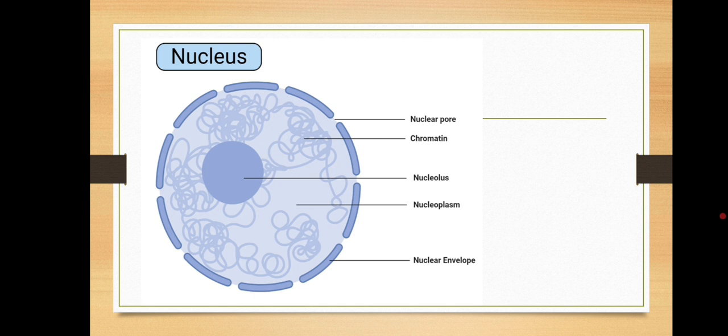RNA is produced by DNA through a process called transcription, and this RNA is present inside the nucleolus as well as in the nucleoplasm. Ribosomal RNA is present inside the nucleolus, whereas transfer RNA, tRNA, and messenger RNA, mRNA, are present in the nucleoplasm.